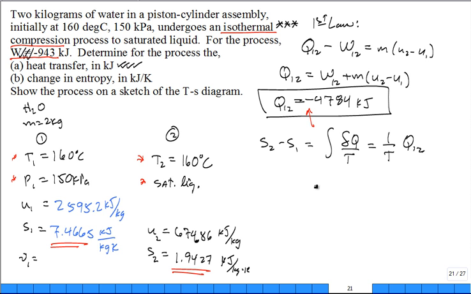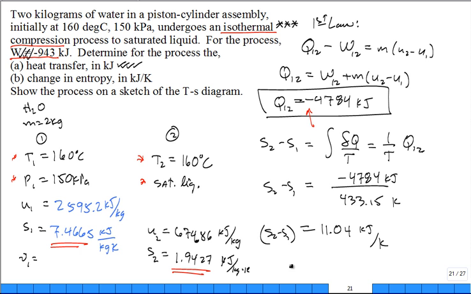So you come in and you say, okay, what is that temperature? It computes to be 433.15. We just computed the heat transfer, negative 4784 kilojoules. And so S2 minus S1, we compute it to be 11.04 kilojoules per Kelvin.